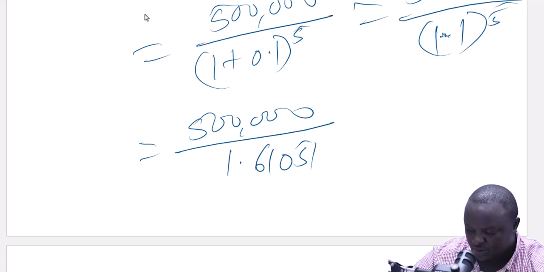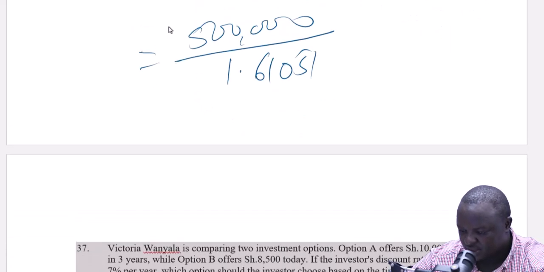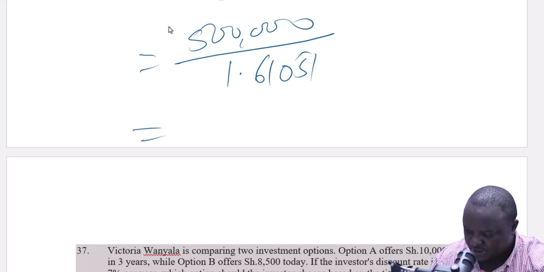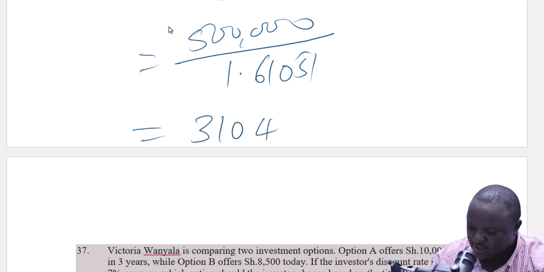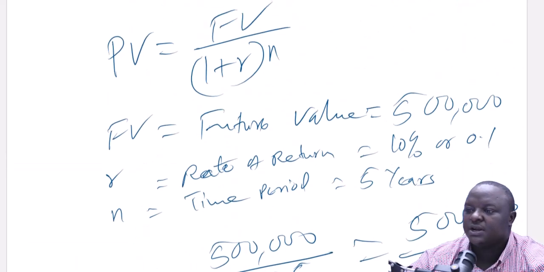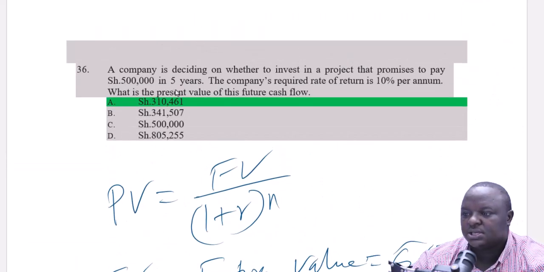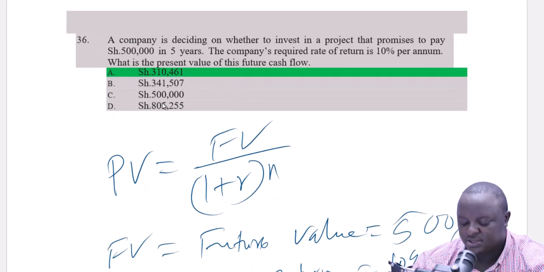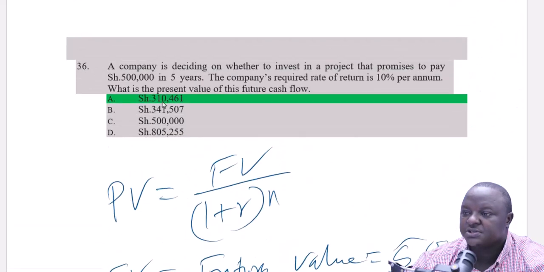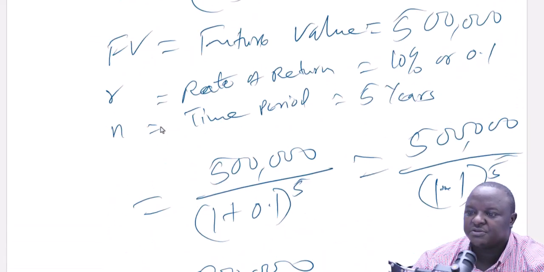So 500,000 divided by 1.61051, you will get 310,461. So if we were looking at the present value of the future cash flow, our answer is 310,461. That is A, 310,461.